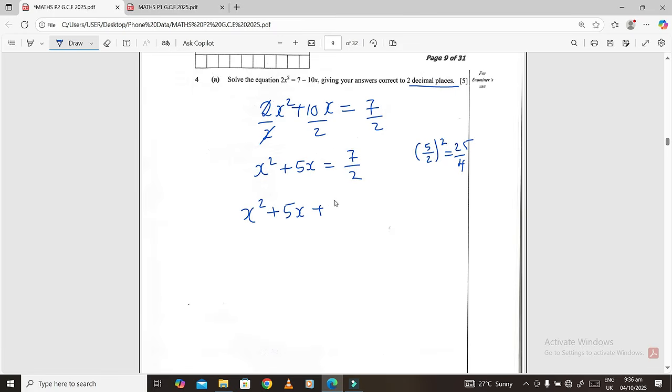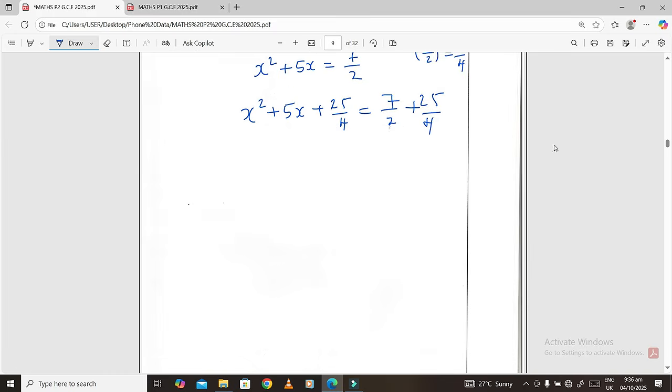So I'm going to say plus 25 over 4 is equal to 7 over 2 plus 25 over 4. And when you do that, you can now form what we call a perfect square. This perfect square will be formed by simply maintaining the x.